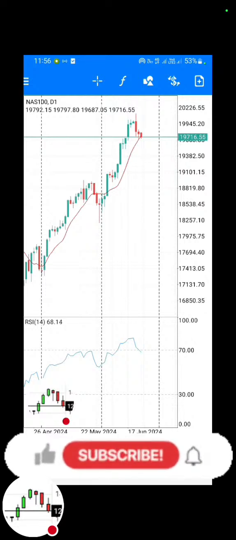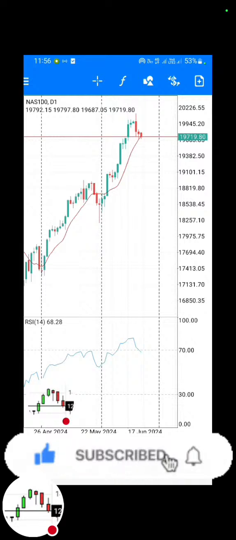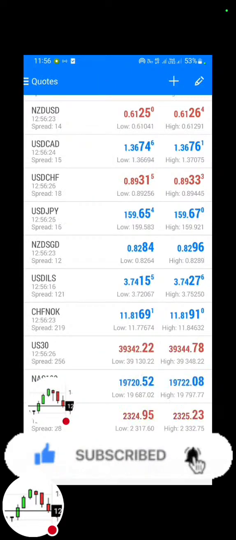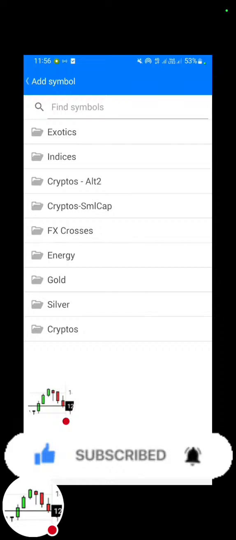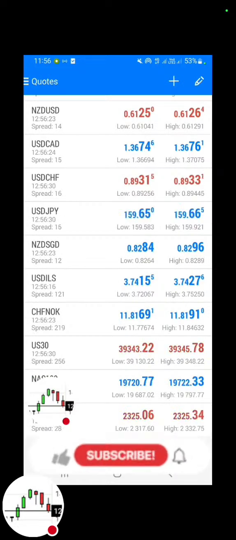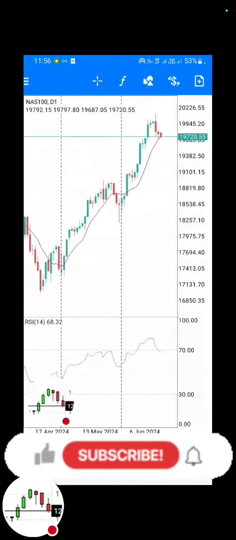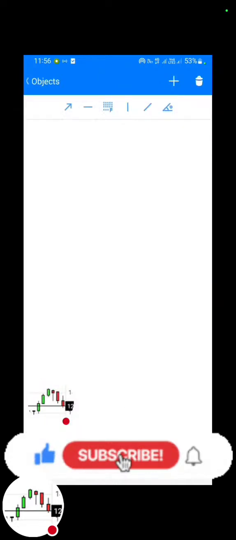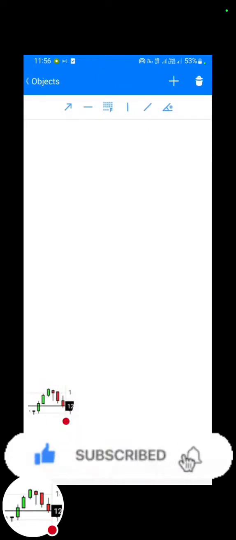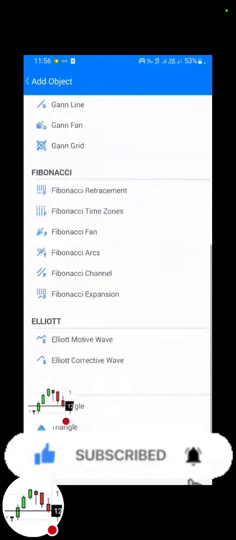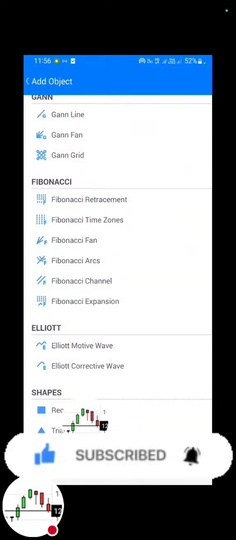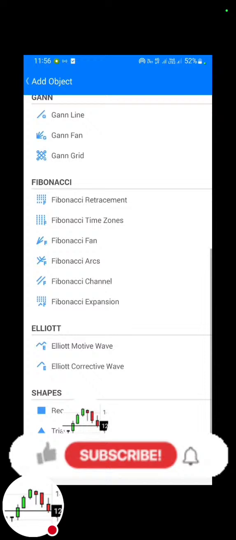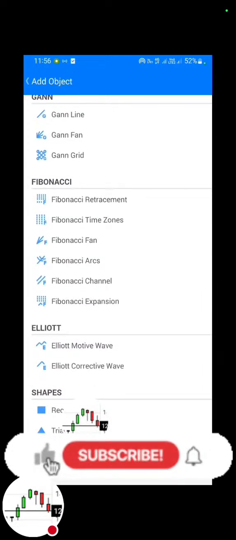Before we get into the business, we're gonna use the Fibonacci levels. We click here, click the plus sign. Actually, you click on the chart, then you will see the instruments. We're gonna use the Fibonacci levels. You choose a Fibonacci retracement.